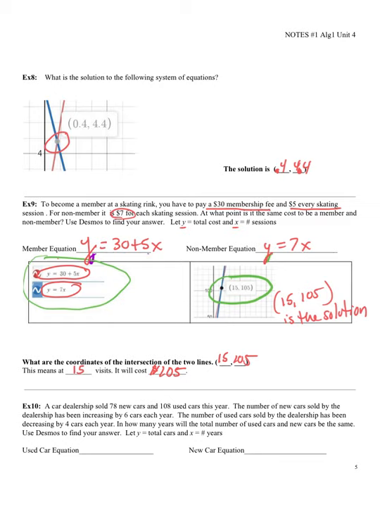All right. So we want to begin with the systems where y is equal to total cars and x is equal to years. For the used cars, they start out with 108, okay? And the used cars have been decreasing, so it's y equals 108 minus 4x.